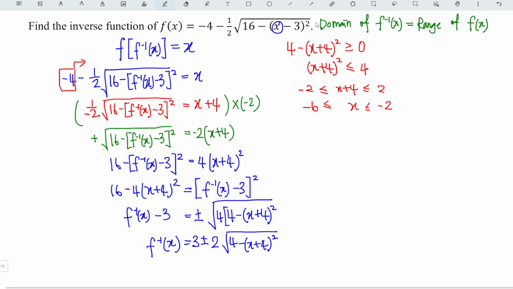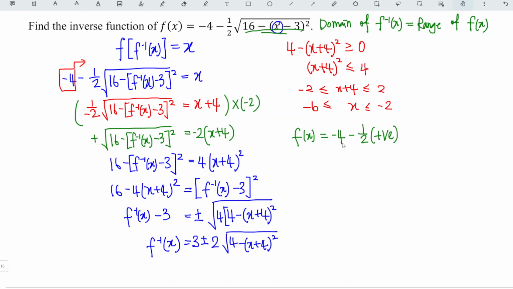So we can check the range of this function. We can see that f(x) is equal to minus 4 minus 1 over 2 times the square root part. Again, for any real number x, in order for the function to be defined, this part must always be positive. So if we have positive times negative, then this will be a negative value.